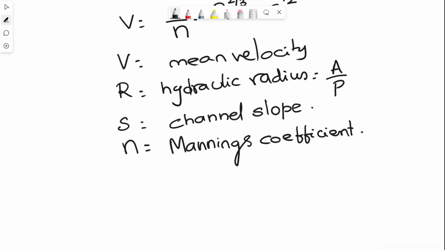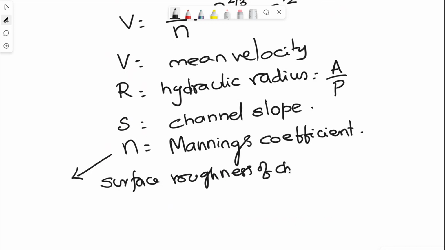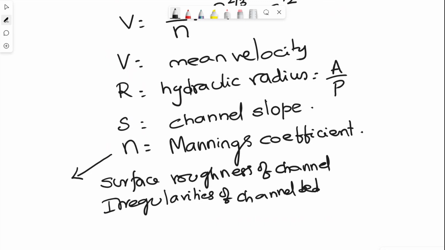On what factors does this Manning's coefficient depend? Manning has further explained the factors that govern this, mainly the surface roughness of the channel, irregularities of the channel bed, then obstructions to flow.